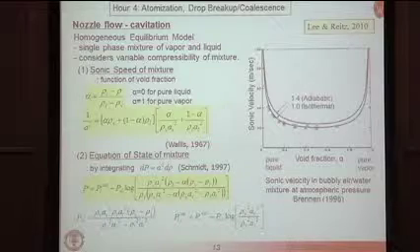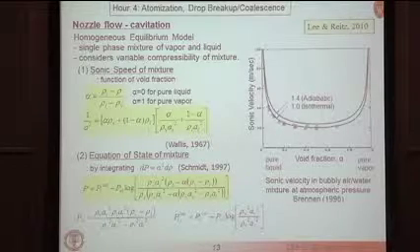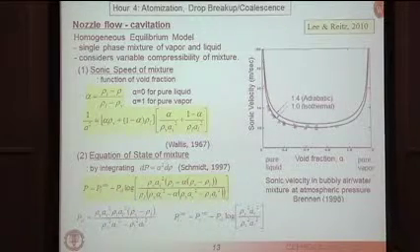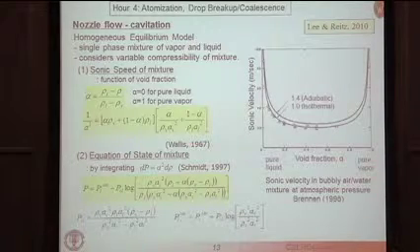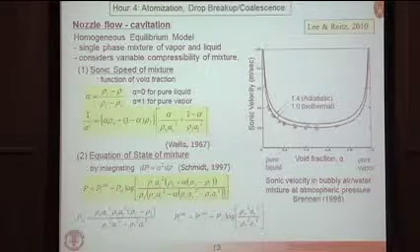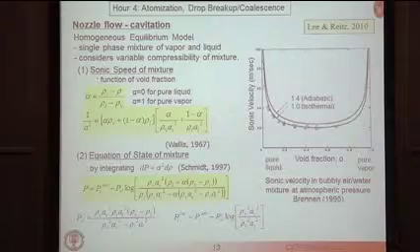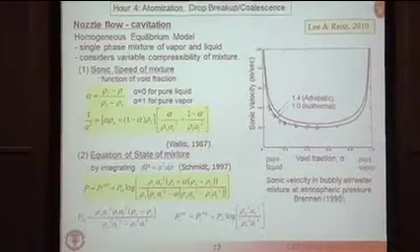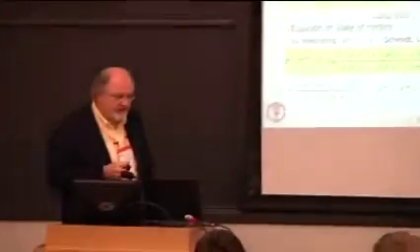But before we can do that, we have to worry about what happened inside the nozzle. So nozzle cavitation is an active area of research because people have found that if they take a lot of pains at designing the shape of the interior of the nozzle, they can prevent breakup completely. For example, in jet cutting applications, they will use a sapphire nozzle that is very well rounded and no flow separation takes place.